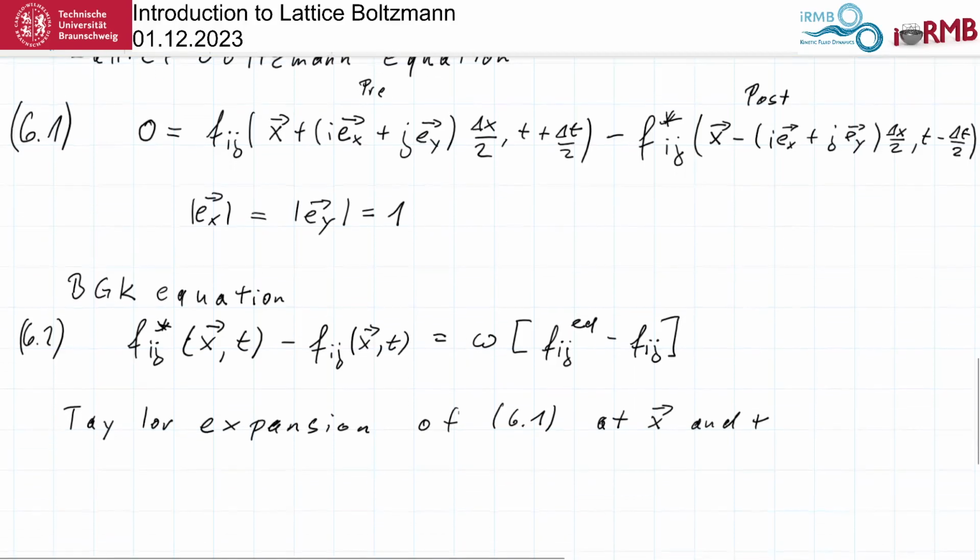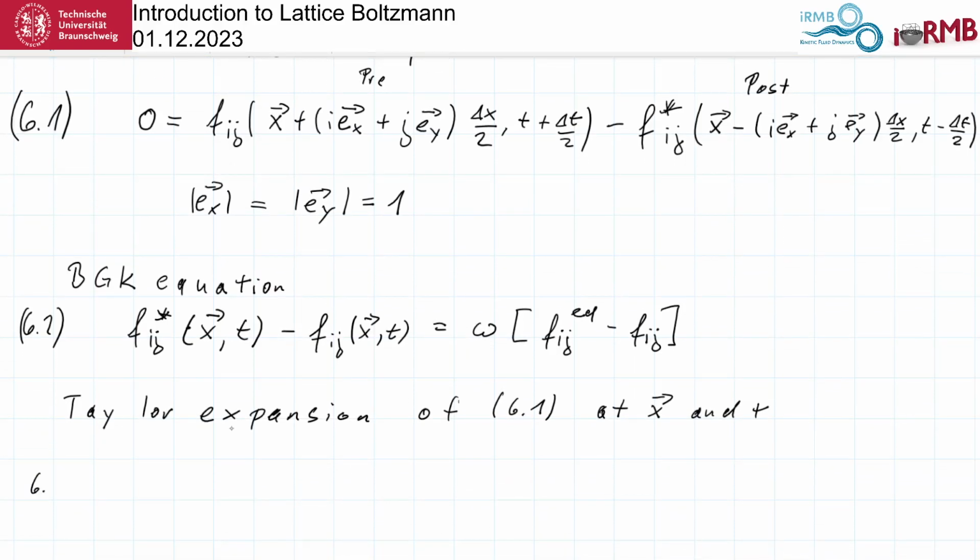So this will be called equation 6.3, and it starts with 0 because we have 0 on one side, and then we do the Taylor expansion. The Taylor expansion now is of course a Taylor expansion in 3 dimensions, because we are moving in x, we are moving in y, and we are moving in t, right? So for all of them I put here a single sum sign, and I will iterate over m, n, and l.